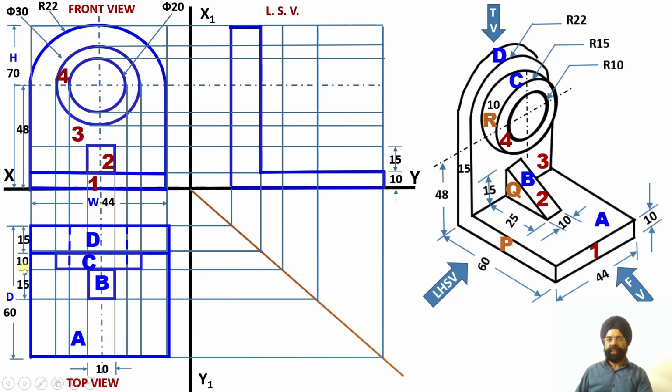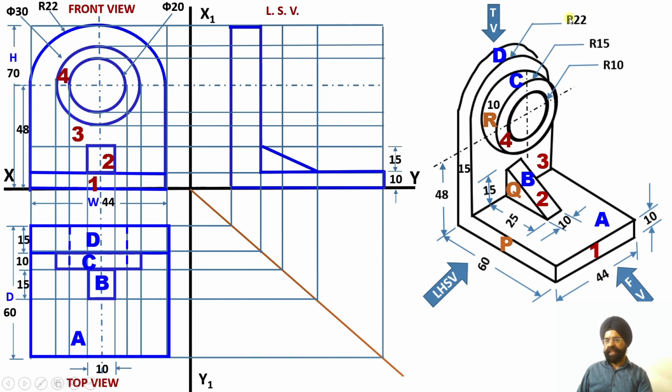I know the width or the depth, 25. So it starts from this point, it ends over here. So this is the true shape of the surface Q. True shape of the surface Q has been obtained.